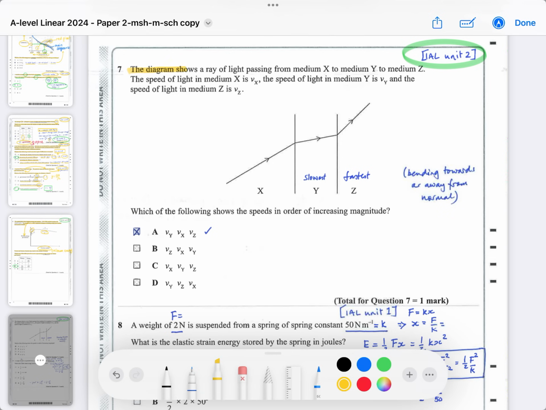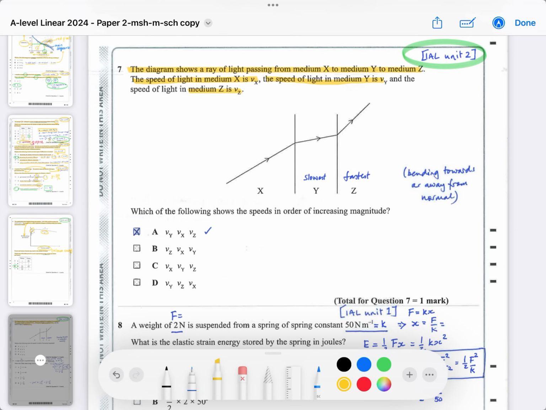The diagram shows a ray of light passing through a medium X to Y to Z, okay? The speed of light in medium X is Vx, the speed of light in medium Y is Vy, and in Z it's Vz. So you can tell by the direction of bending towards the normal which one is the slowest.